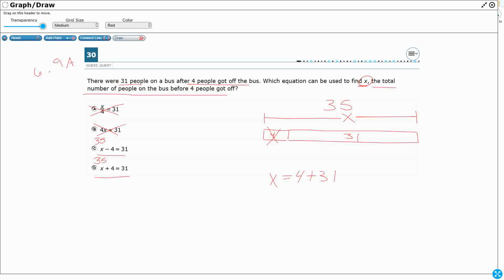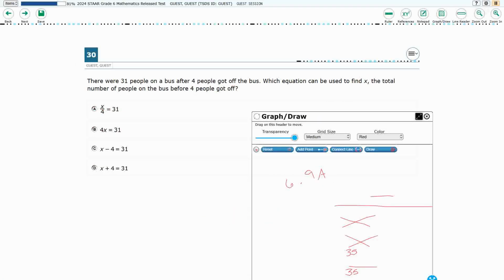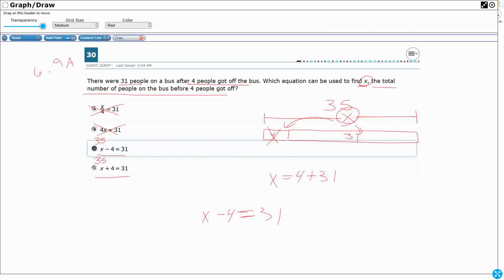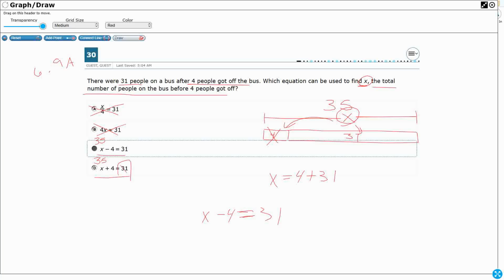Well, in a part-whole relationship, I could take my whole and subtract one of my parts, and that's going to get me my missing part. So this is going to work. It's going to be option C, x minus 4 equals 31, because 35 works there. You're not going to add x and the 4 together because that would make my 31 my total, and that's not my total. So the answer there is C.